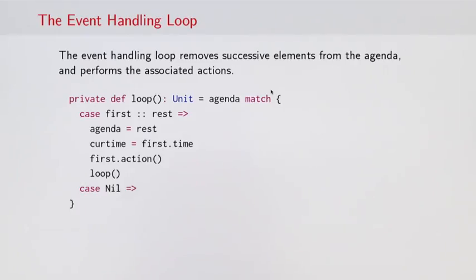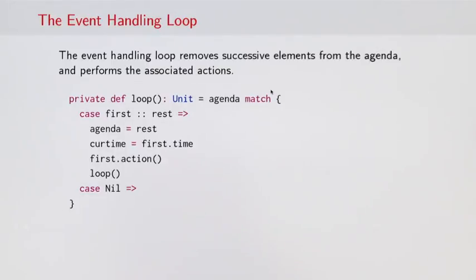The last part of the simulation implementation has to do with actually running the event loop. So that event handling loop would remove successive elements from the agenda. That would be correct because we know that the agenda is already time sorted, and perform the associated actions. Here's the implementation of the event handling loop. It performs a pattern match on agenda.